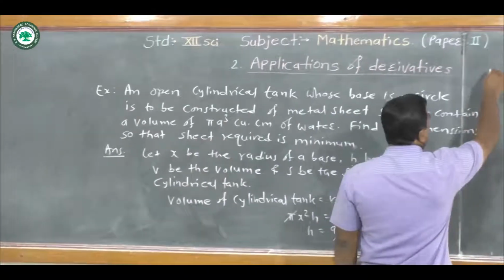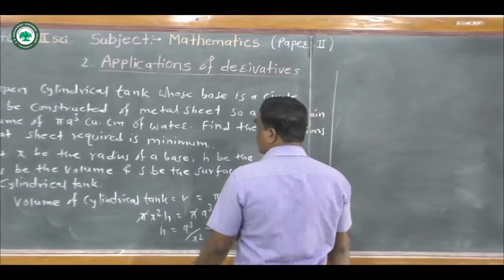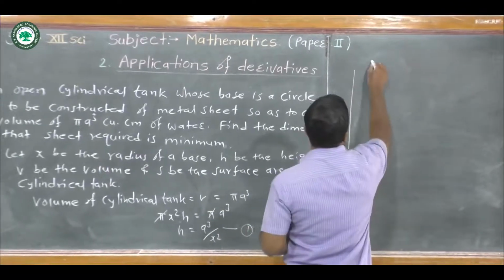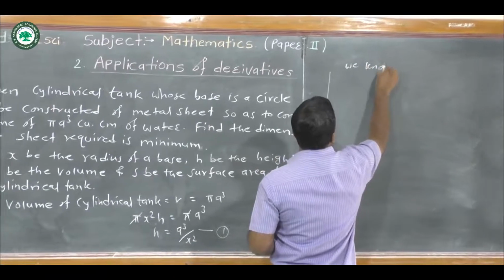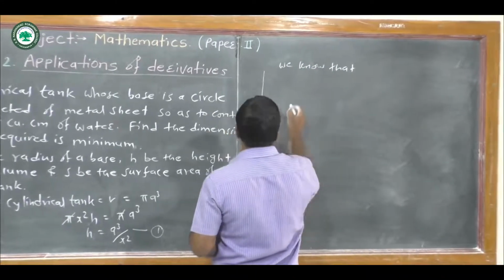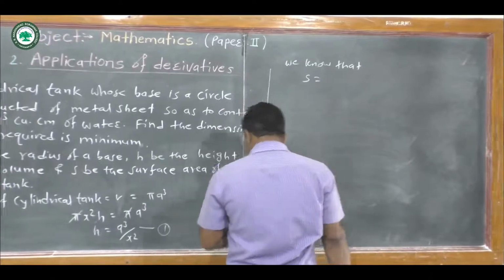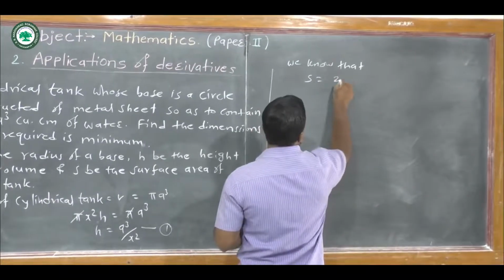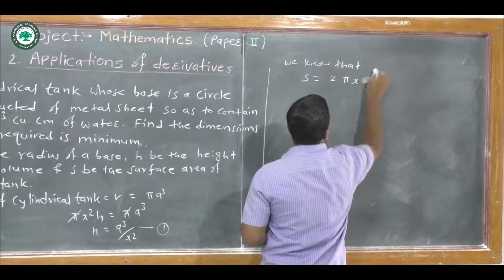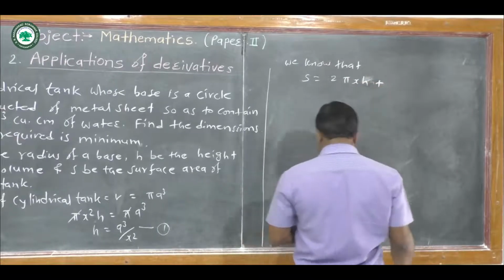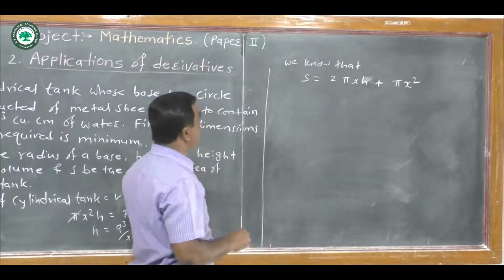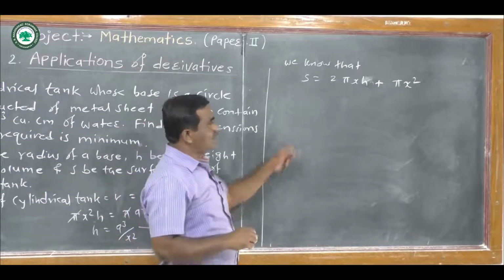Now further, we know the surface area of the cylindrical tank: S is equal to 2 pi x h plus pi into x square. This is the surface area of the cylinder.